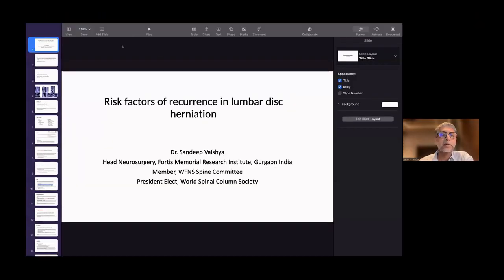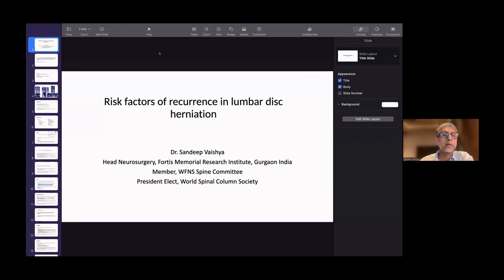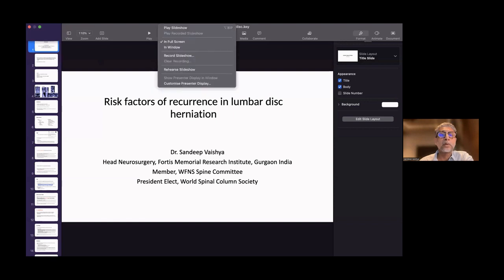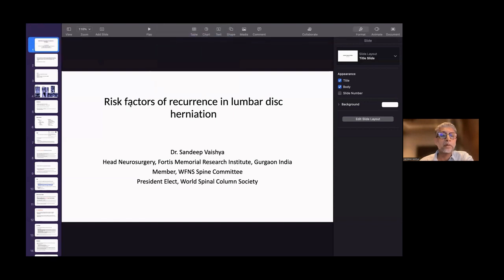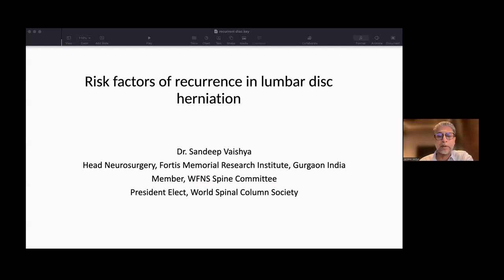Okay, can you see my screen? Yes. Let me run the slide. It is not going into play mode or full screen. Play slideshow. Okay, it's working now.